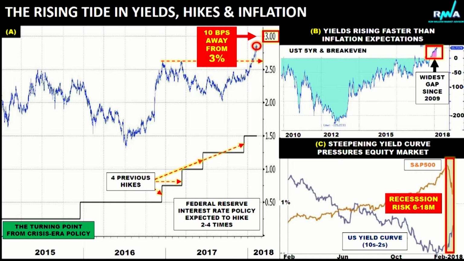But here we just see that there were 4 hikes last year alone, and 2015 was really the turning point from crisis-era policy following the global financial crisis, and all that took place in order to alleviate the situation. Here and now, of course, there's an expectation of 2 to 3 hikes. Some say maybe 4. But either way, my suggestion from a technical perspective is to watch the market, because that will likely give you a lead indication as to what the Fed will do.